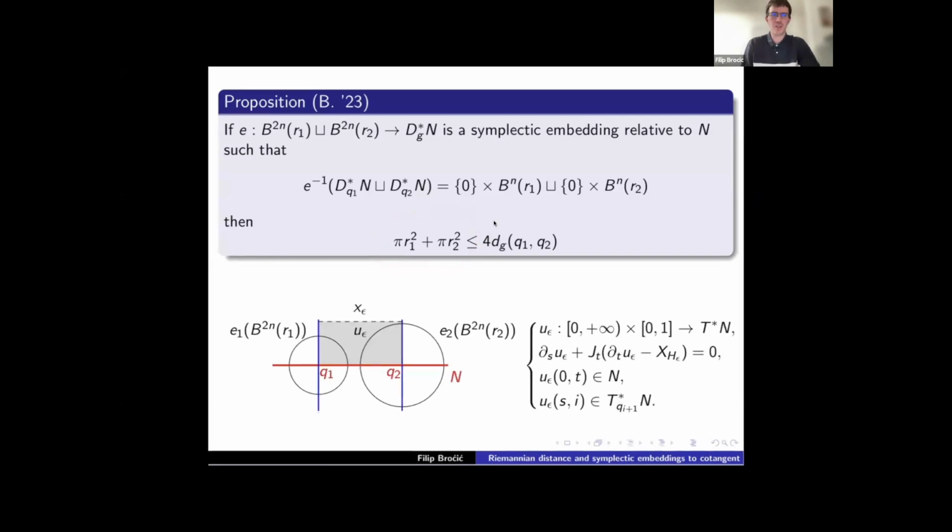And essentially the proof is contained in this picture. The only problem is to find this holomorphic object here.